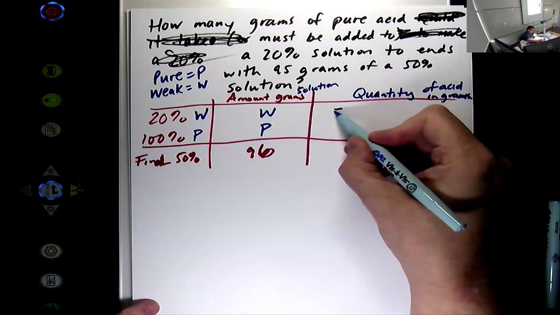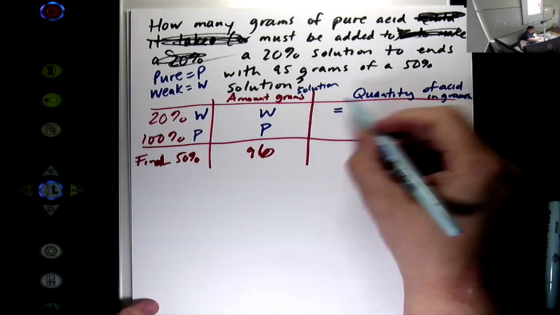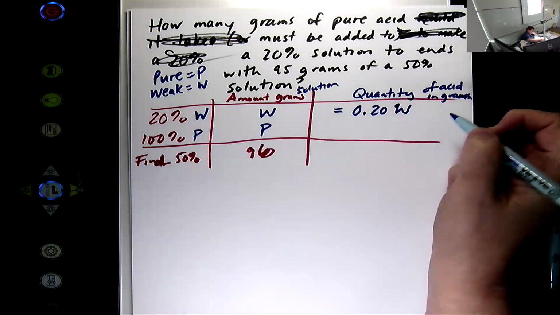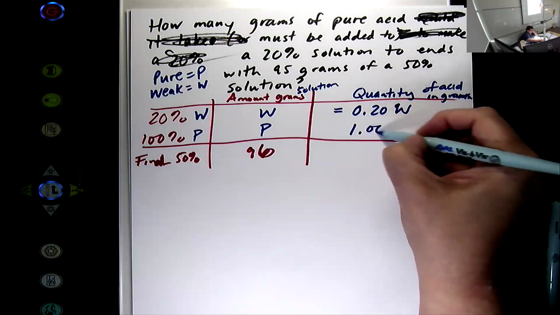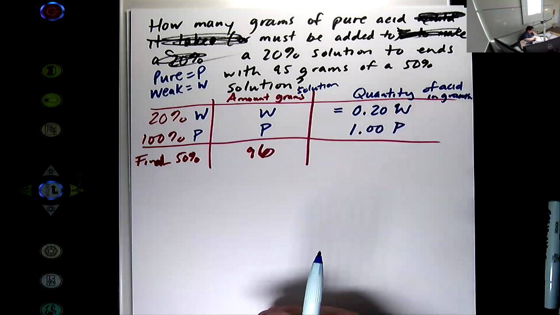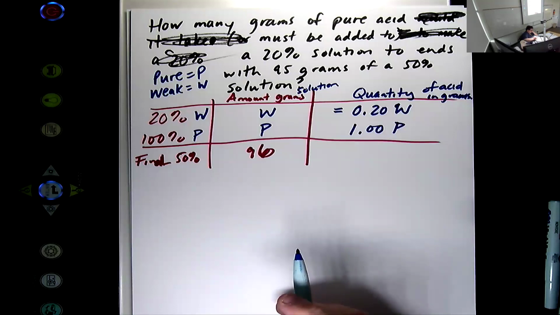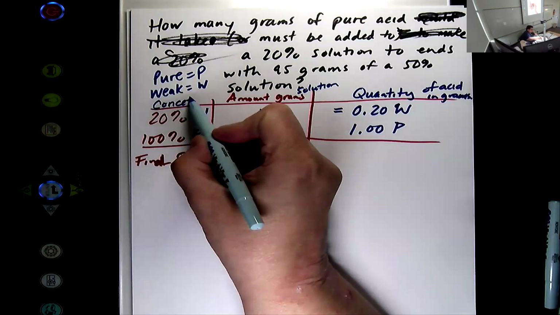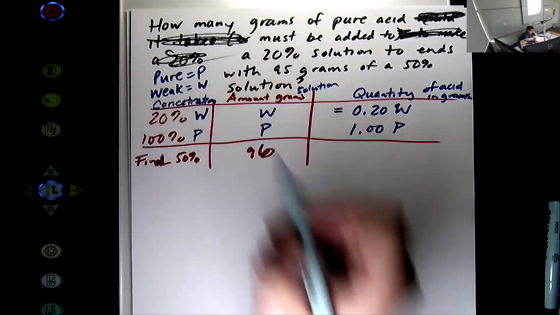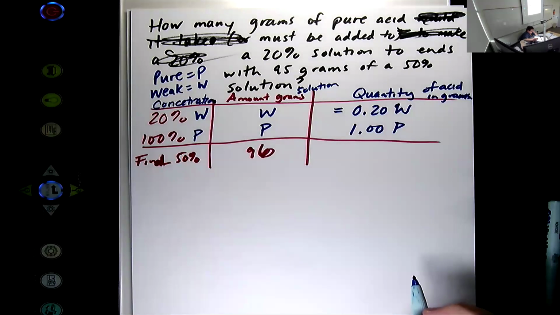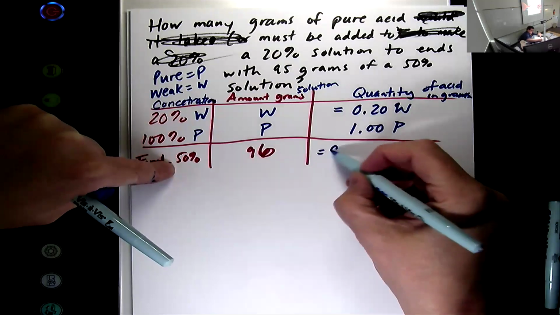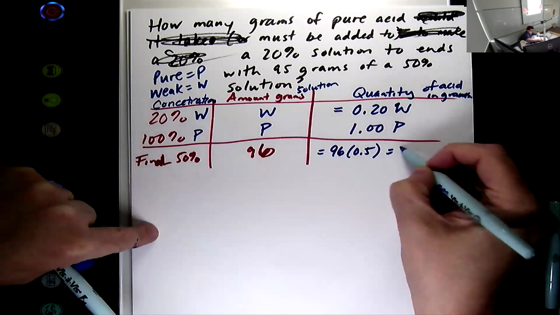When we find the quantity, we have to multiply, but we don't use percentages as is, we turn them into decimals. This one would be 1.00 P. This is my concentration column, how strong it is. So we multiply these together. 96 times 0.5 is 48.